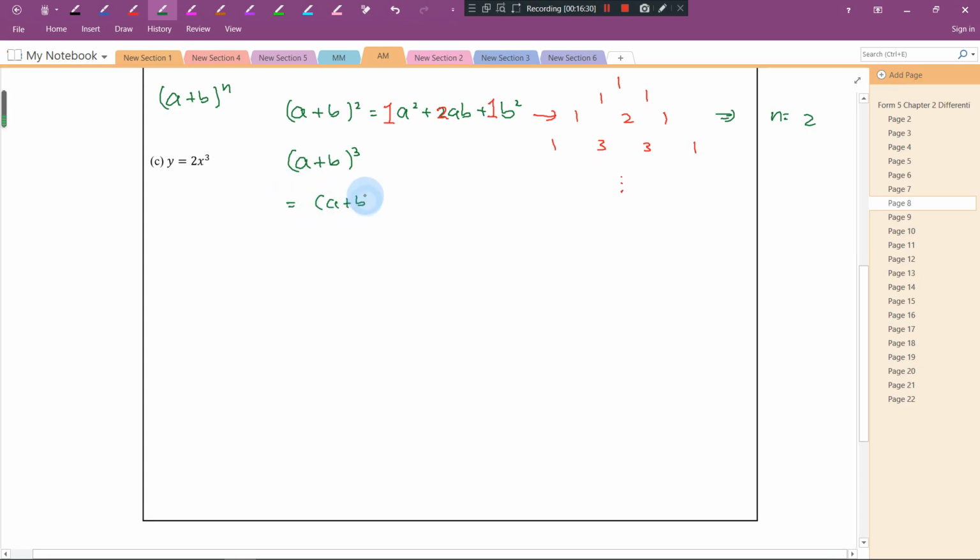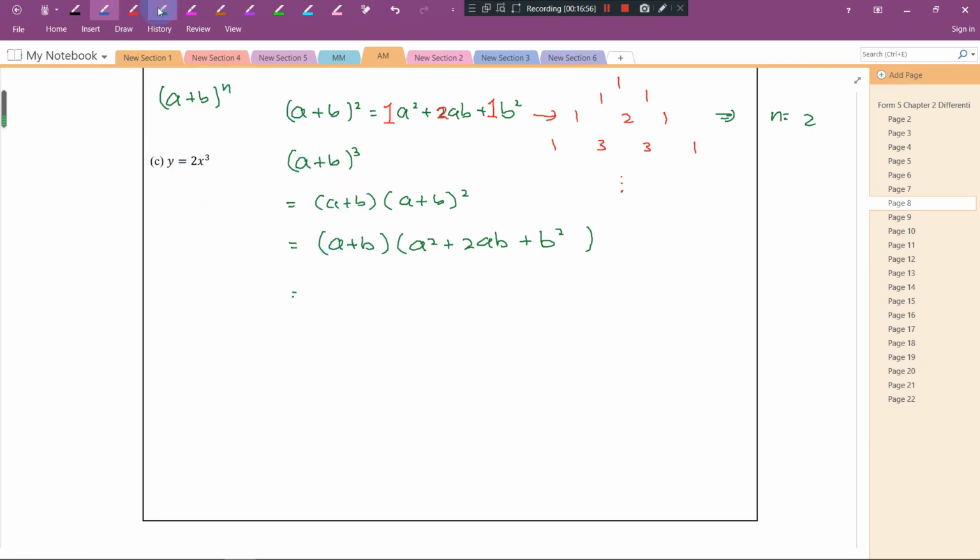You write A plus B times A plus B squared. And then this one you just copy first. Here, you expand it using this formula that you have learned before: A squared plus 2AB plus B squared. Okay, how about I complete it for you? You can try on your own first.